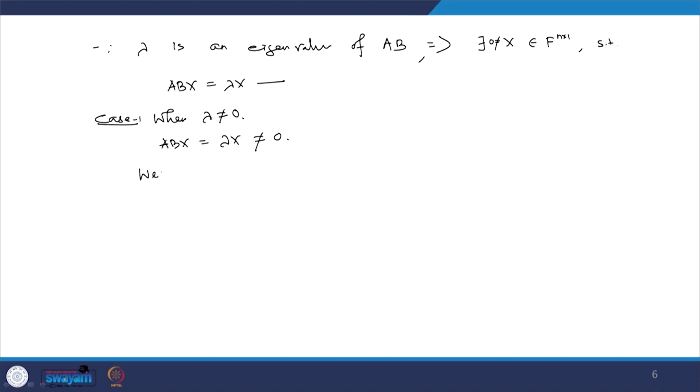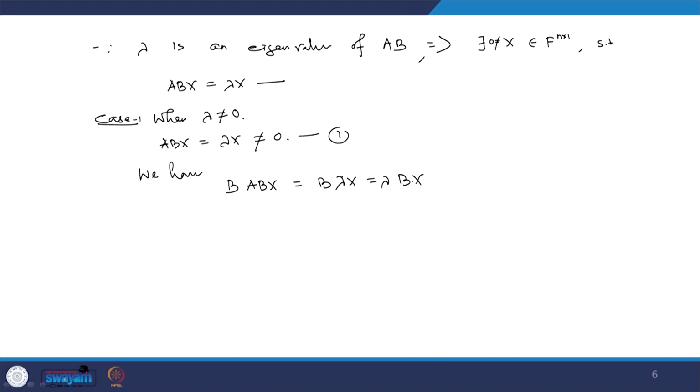If I multiply by the B matrix, because B is also an n cross n matrix, then B into ABX will be equal to B into lambda X, which is lambda into B into capital X, because lambda is a scalar and I can take it out.